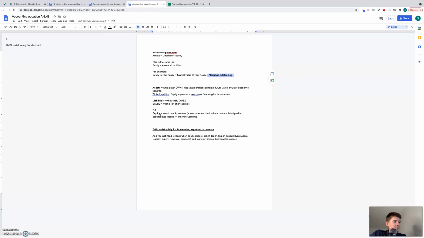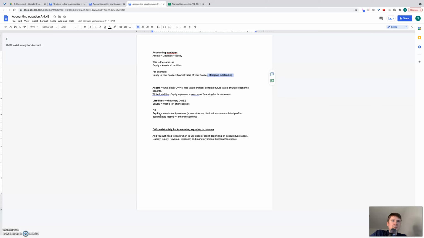But what you need to know is debits and credits exist, and usually in one entry debits equal credits only because the accounting equation exists. And the accounting equation exists only because we want to show on our balance sheet that assets are equal to the sources of our assets.